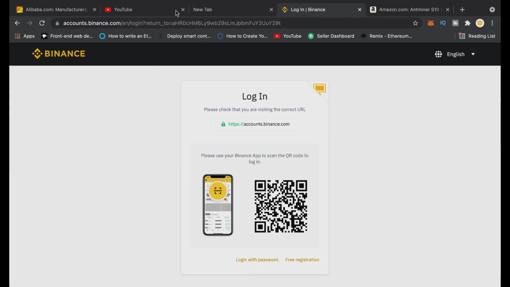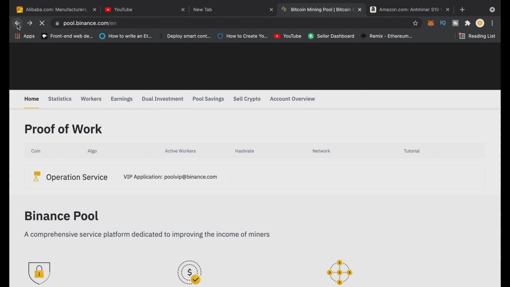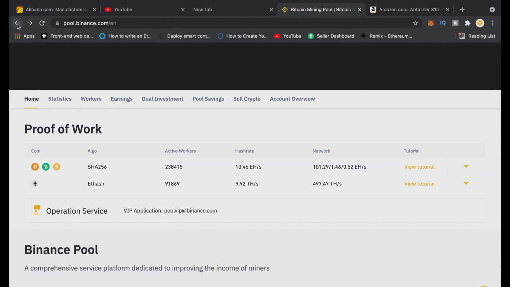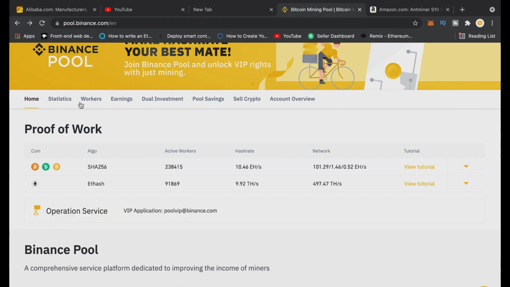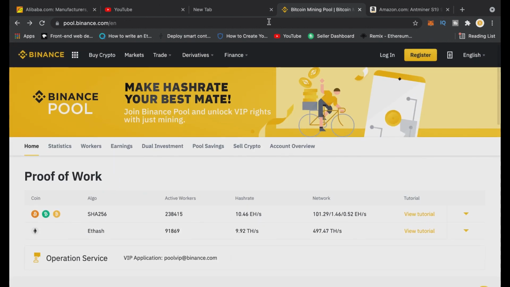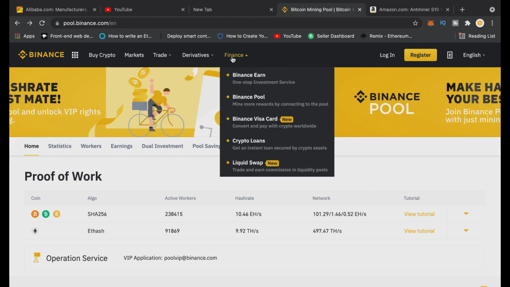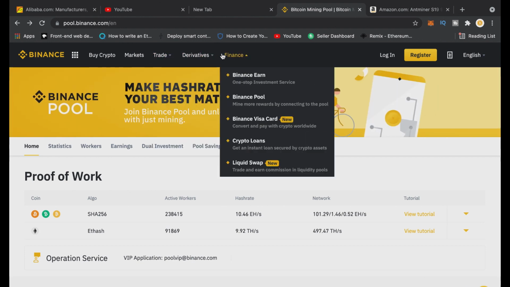Some of the features you actually have to log in to see. You will need to log in to see them. So if you wish to go into mining pools, that's how you do it.